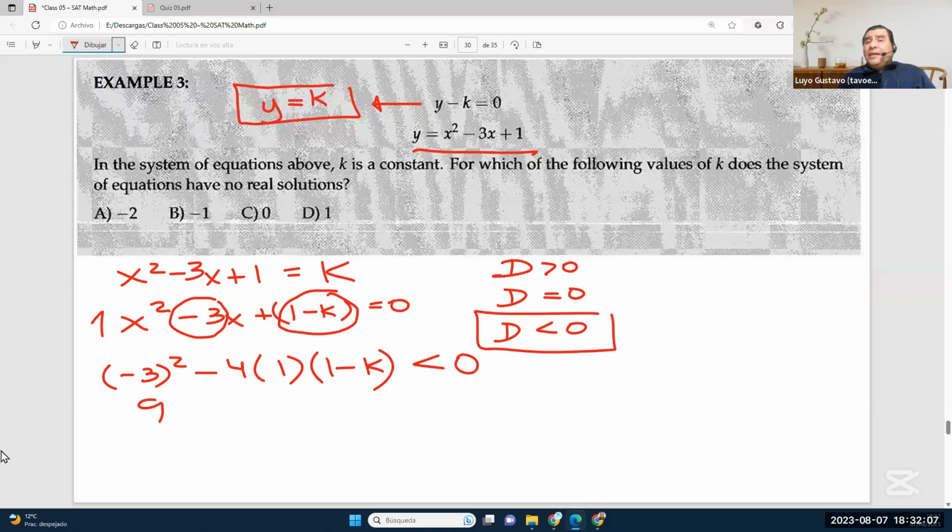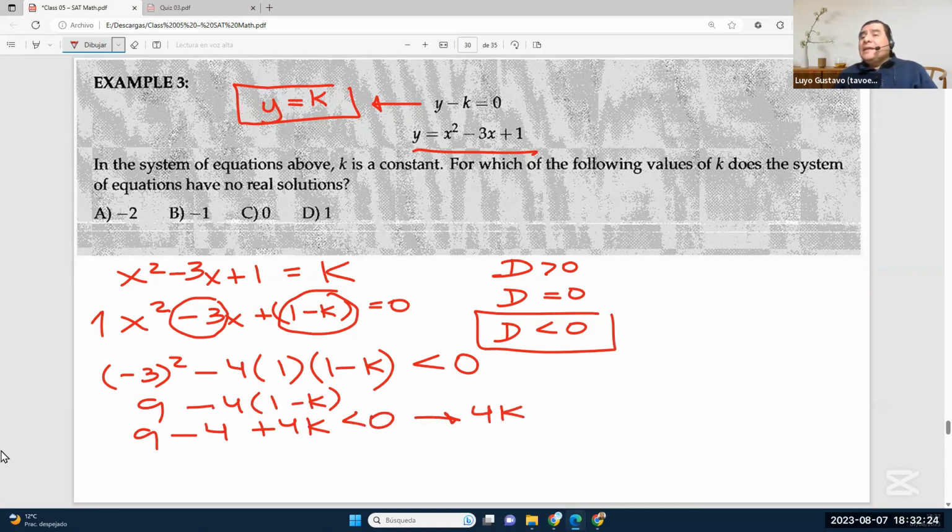So we have 9, minus 4 times (1 minus K). Okay, open the parentheses: -4 plus 4K. And this yields what? 4K is less than -5.